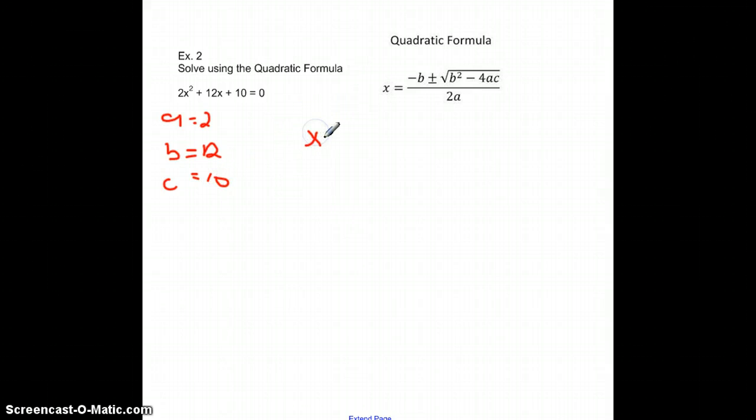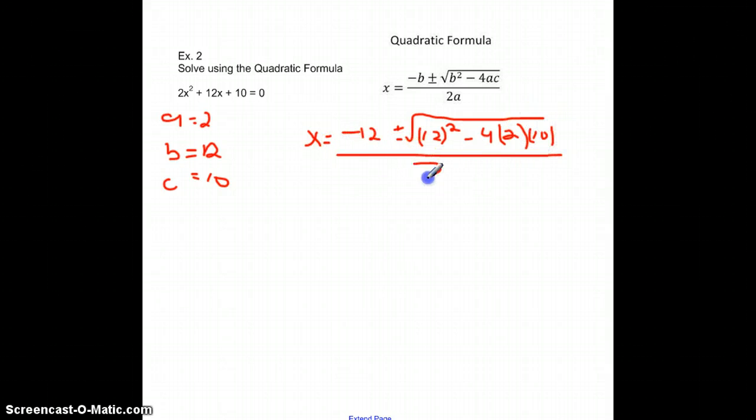X equals negative 12 plus or minus the square root of 12 squared minus 4 times 2 times 10. And all of this is going to be over 2 times 2.